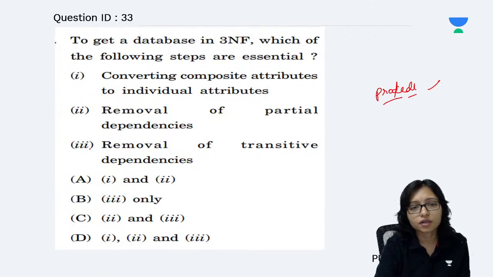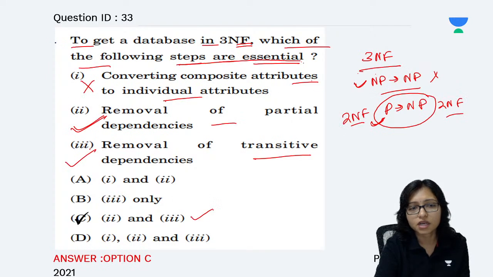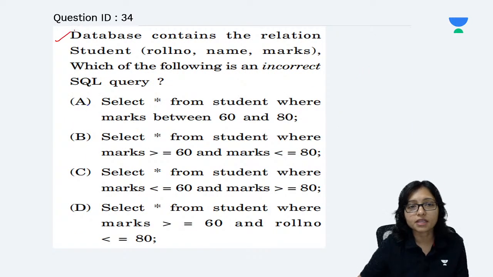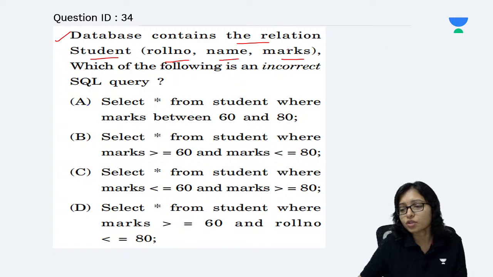Now do this one. Next one. This is done. This is yes clear. So now do this one. Database contains the relation student, roll number, name, marks. No, ma'am, from question. Which one? Which question?